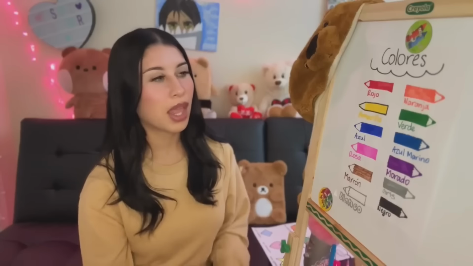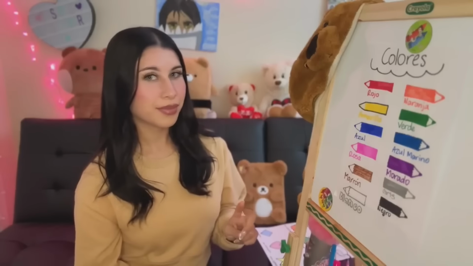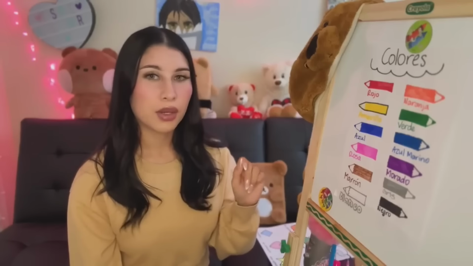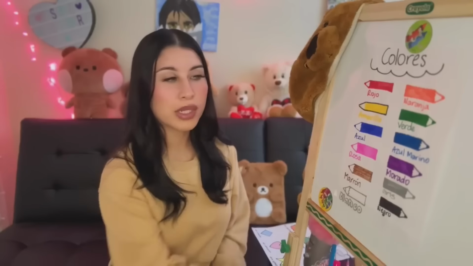Okay, perfecto. Enough of that. I'm going to try to teach you the song. I'm going to repeat it twice, and I'm going to give you a little printed copy of it, and it's going to help you with 10 colors. There's no azul marino in it.